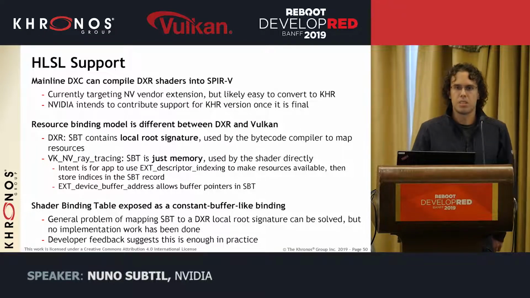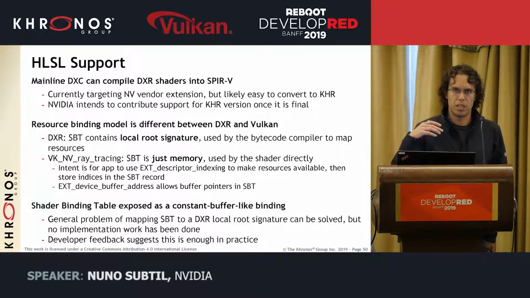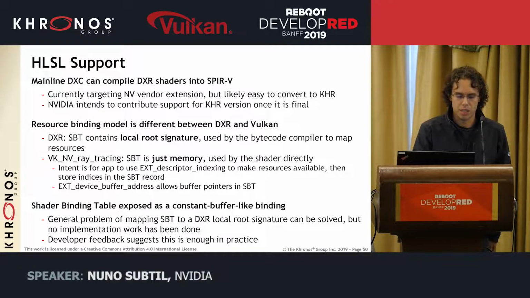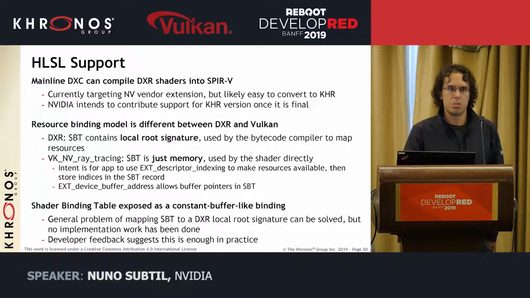So the intent in Vulkan is that instead of having a local root signature, you use global descriptor indexing, and the SBT records will have indices into these global arrays. At NVIDIA, we did some design work to try to emulate local root signatures on top of our vendor extension. The conclusion was it's doable, but we haven't actually done implementation work.